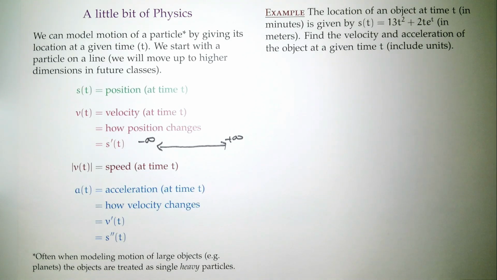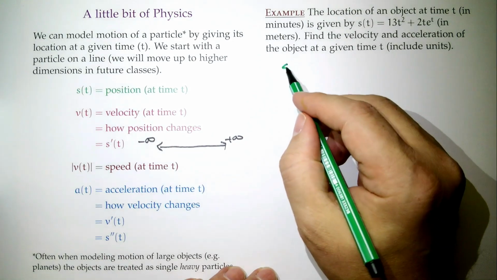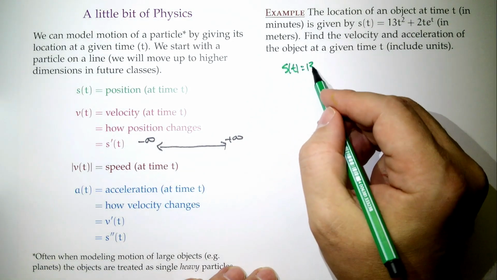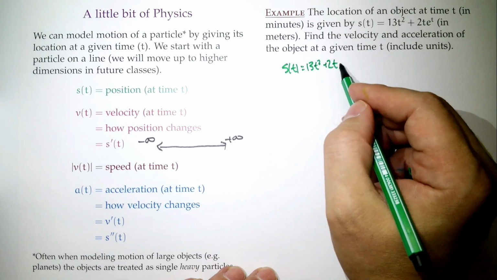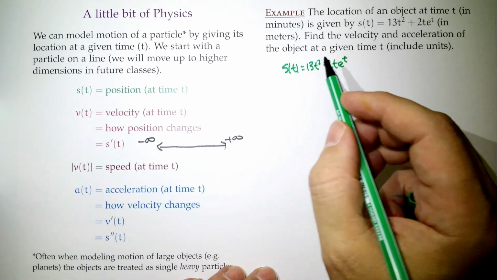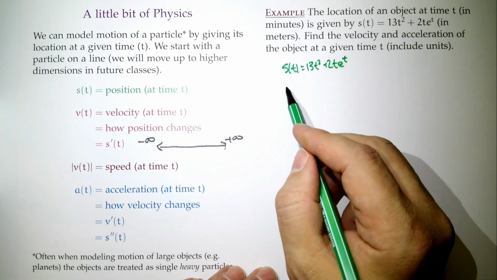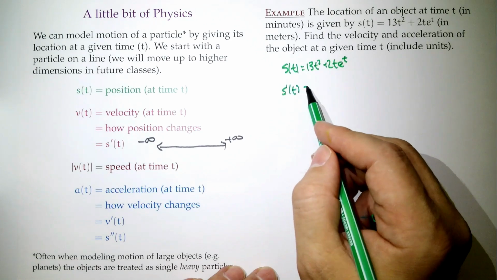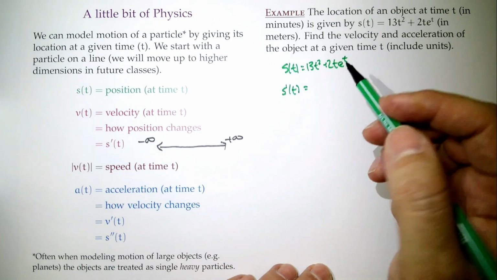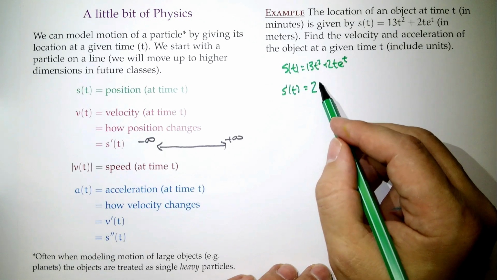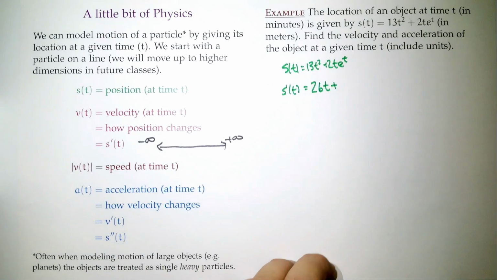All right. So, here we go. Our position, s of t, is 13t squared plus 2t e to the t. So, find velocity. Well, that really means we find the derivative, s prime of t. What's the derivative of 13t squared? 26t. What's the derivative of 2 times t times e to t? Well, what rule do we need? Product rule, because there's t and there's e to the t, and they're multiplying.